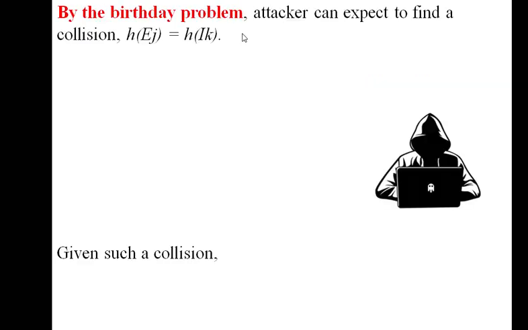By the birthday problem, the attacker can expect to find a collision where h of e_j is equal to h of i_k. H means hash value, E means evil message or attacker's message, and I means the innocent message that Alice needs to sign.